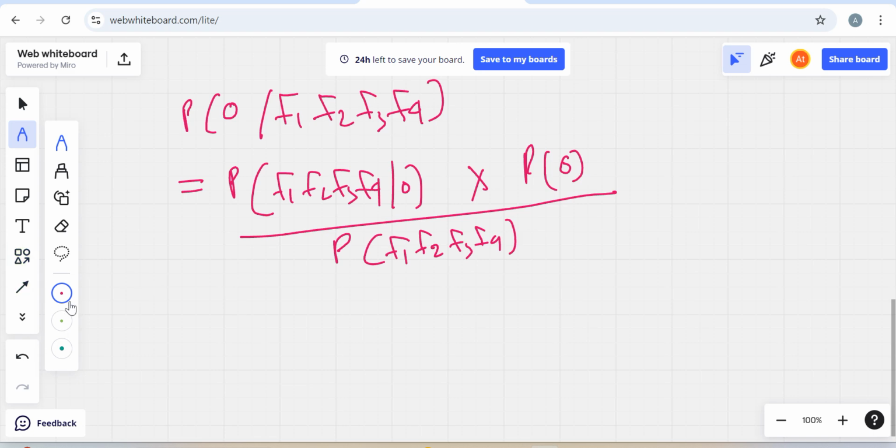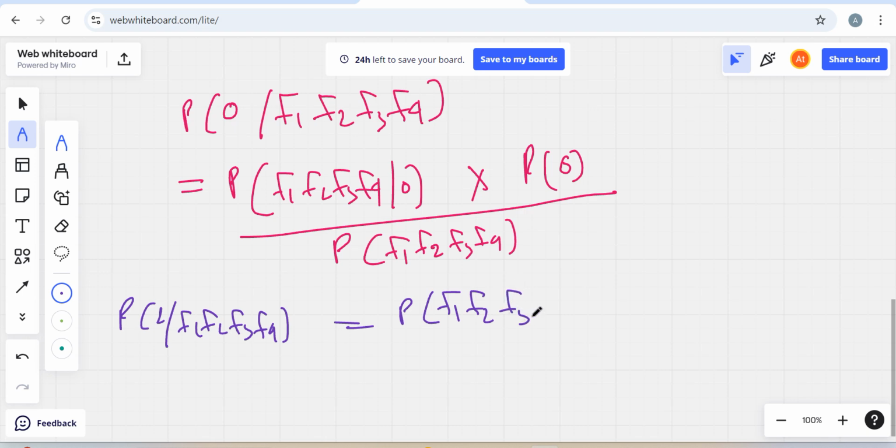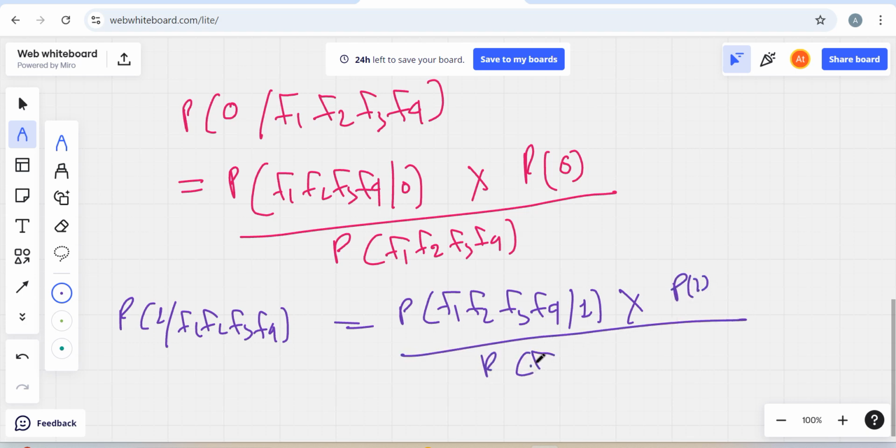Now, if we calculate probability of 1 given feature 1, feature 2, feature 3 and feature 4, it's not the same result, there are some changes. It's probability of feature 1, feature 2, feature 3, feature 4 given 1, multiplied by probability of 1, divided by probability of feature 1, feature 2, feature 3, feature 4.